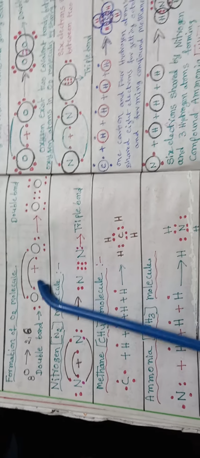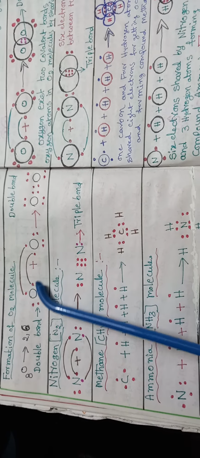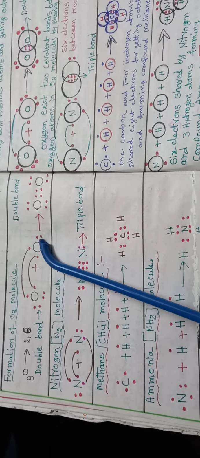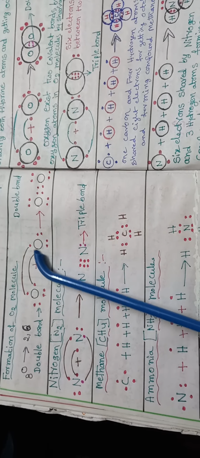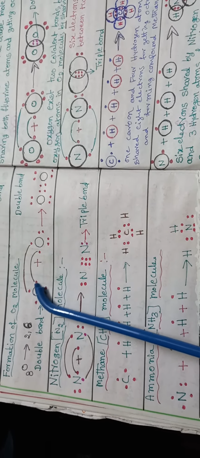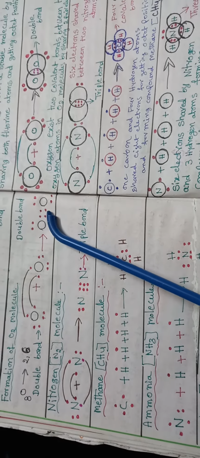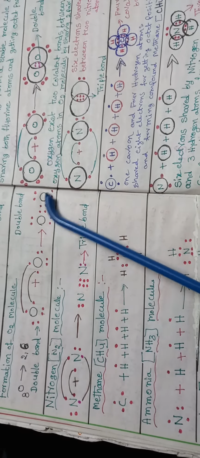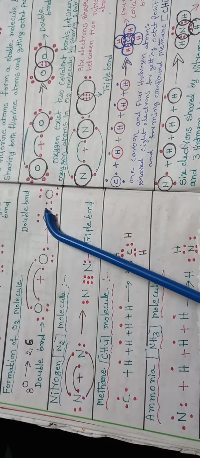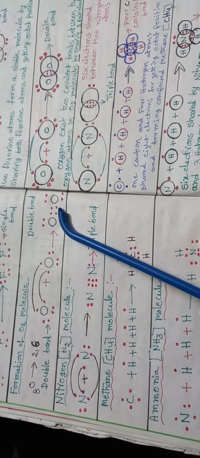One oxygen atom has 2 valence electrons and another oxygen has 2 valence electrons. These 2 electrons and these 2 electrons come together between 2 oxygen atoms and form a double bond between the 2 oxygen atoms.